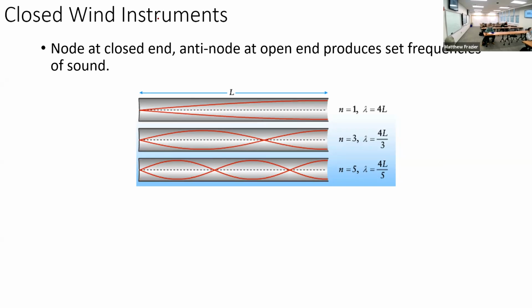So at these closed ends, we know they have to be nodes, and the open ends of the pipe have to be antinodes. Everything else in between has to be construction that allows us to put a node at the closed end and an antinode at the open.